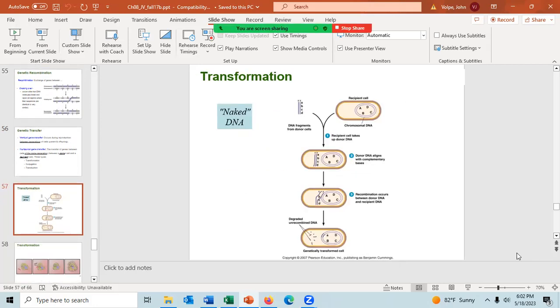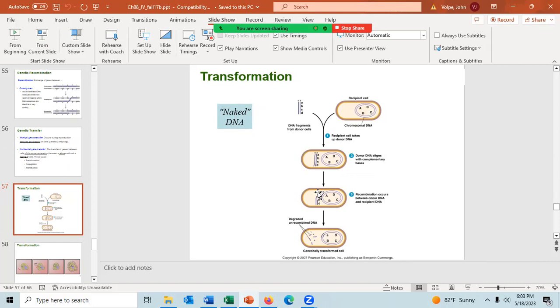Let's talk about transformation. Here we have a cell, and it's not here. The DNA leaves that cell. Usually that happens when that cell dies. The DNA is now naked DNA, and it can come to a recipient cell, and then that DNA can be brought inside the cell.